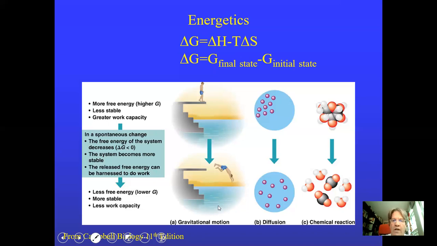Okay, now, other examples of potential energy sources that can be utilized when they're allowed to go to a lower energy state is, for example, diffusion, where you have a lot of molecules at one side of a dish of water, let's say. They have a high energy state, they have low entropy here, right?